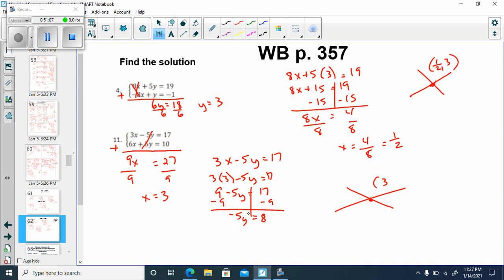Okay. 17 minus 9. Hold on. Okay, so to get to our y, we divide both sides by negative 5. And y would be equal to negative 8/5. So your answers can be fractions. Your coordinates can be fractions. The solution for this one is at 3, negative 8/5.